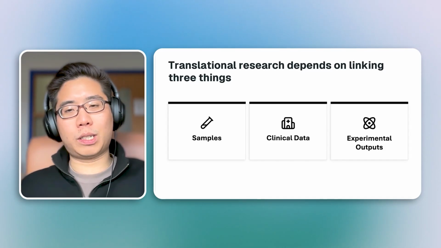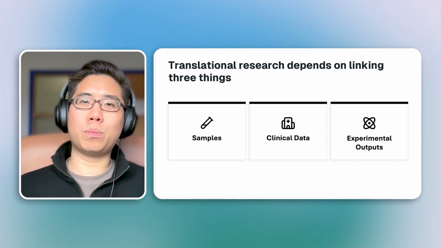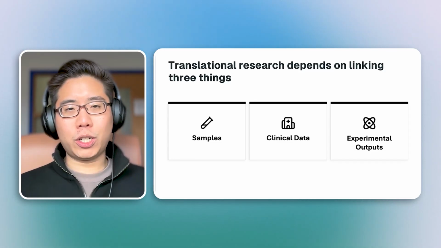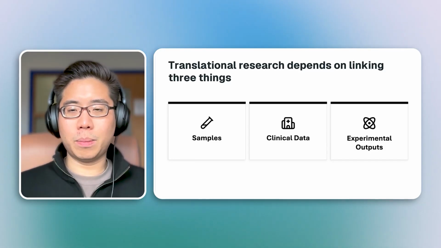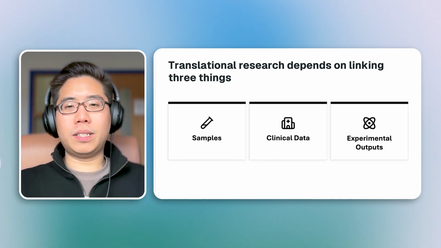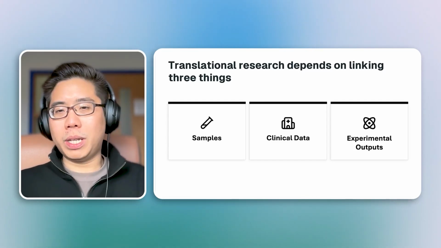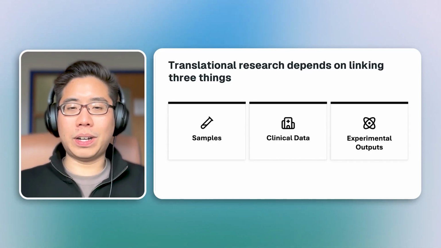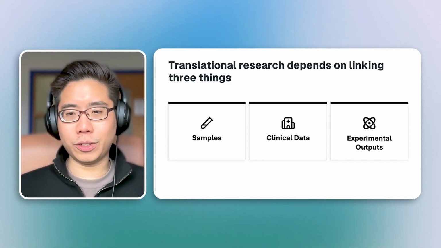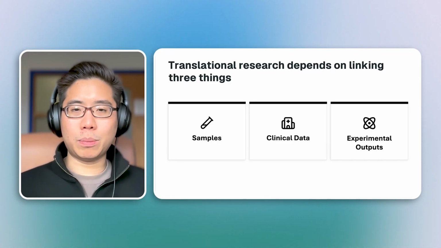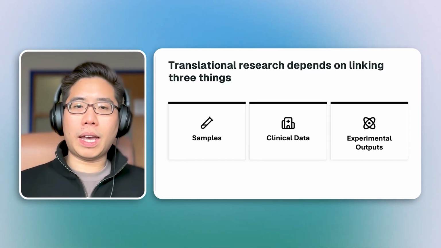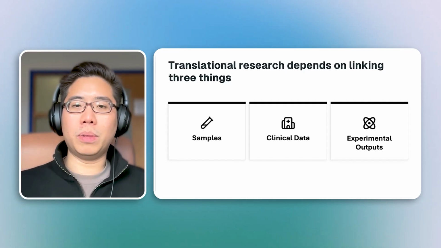And finally, we've got experimental outputs such as genomics, proteomics, spatial transcriptomics, all of which are getting more and more complicated. But at its core, each of these in isolation do not mean very much. It is the joining of the three things that is the foundation of translational discovery. A sample becomes useful when we understand the clinical context it comes from, and we can tie that signal into a molecular data set.